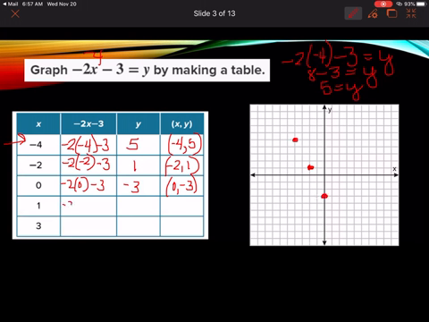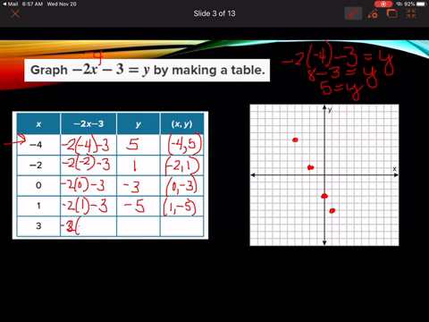Do it for 1. So I have negative 2 times 1 minus 3. So negative 2 times 1 is negative 2. Negative 2 minus 3 is negative 5. So I have 1, negative 5. So that's right there. And then I'll do it for 3.